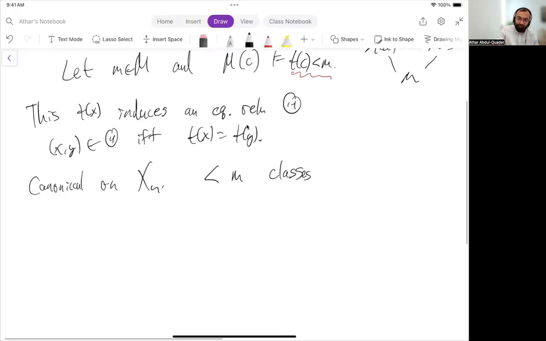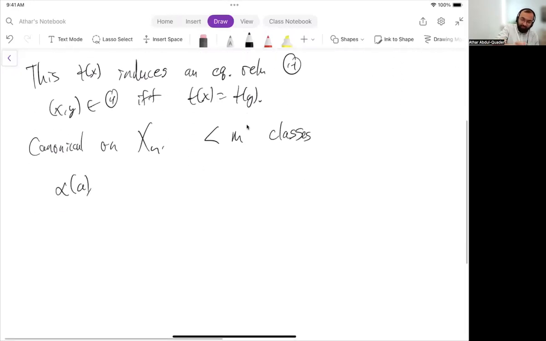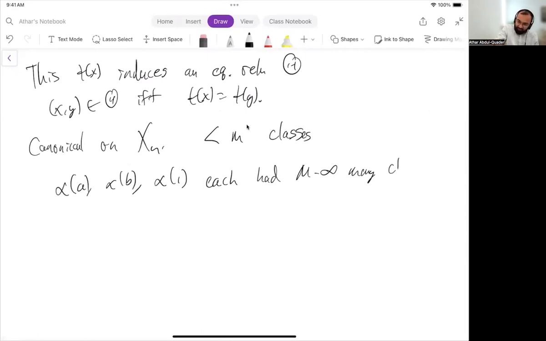But if you look at our definitions of alpha of A, alpha of B, and alpha of 1, each had infinitely many classes. They didn't have boundedly many classes. And so it would be impossible for theta to be equal to one of these on xn. So it must be alpha of 0. Okay.